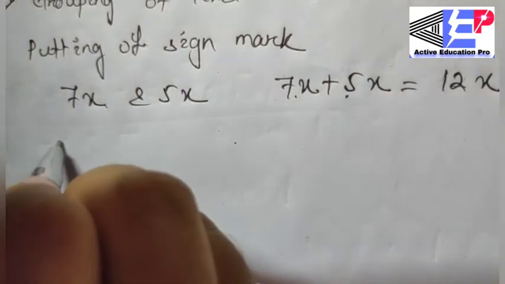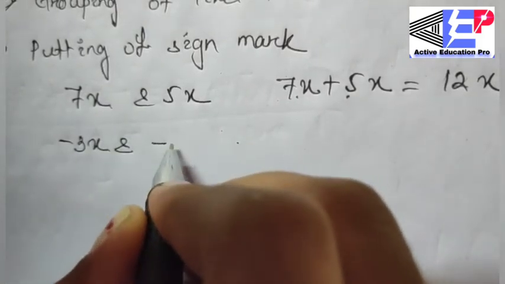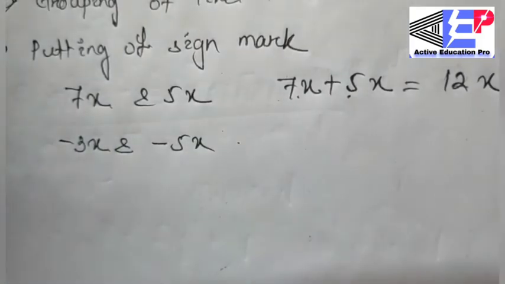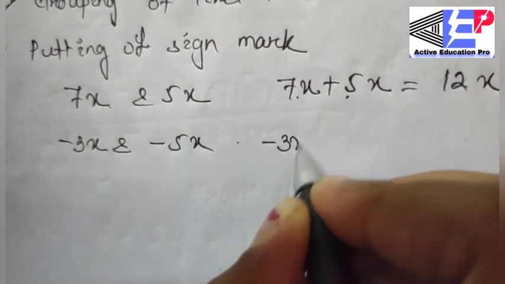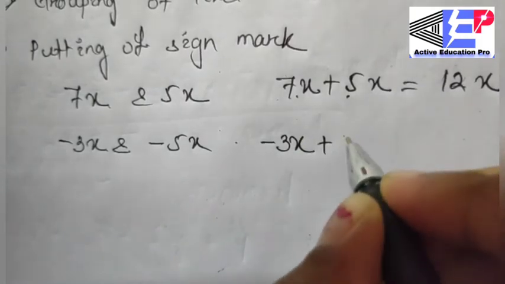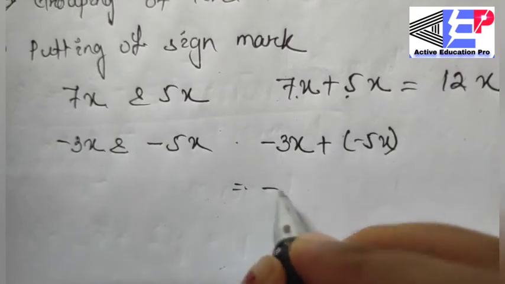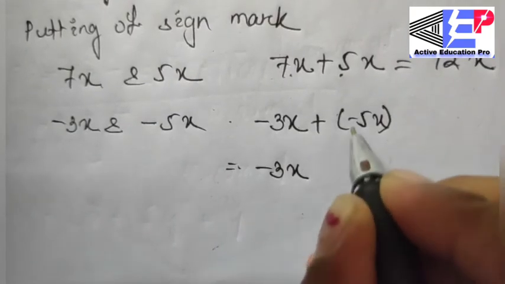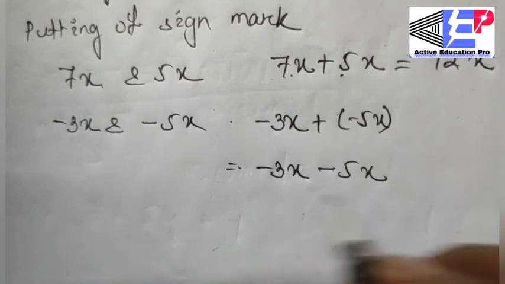Next example, minus 3x and minus 5x. Let's add it. Minus 3x plus minus 5x is equal to minus 3x minus 5x.